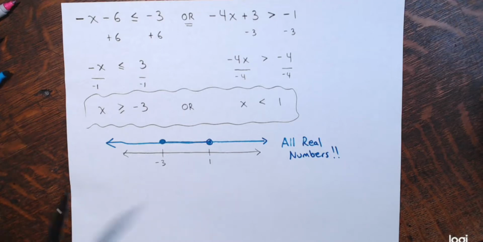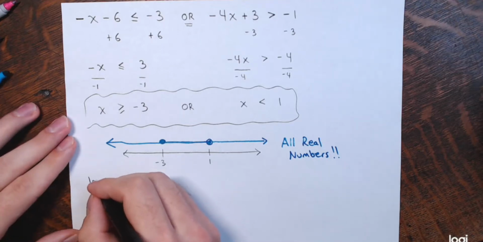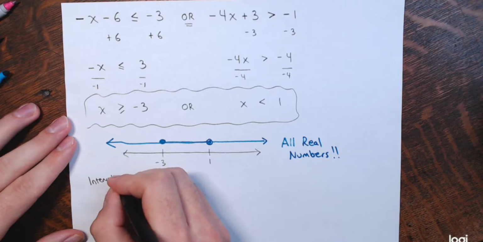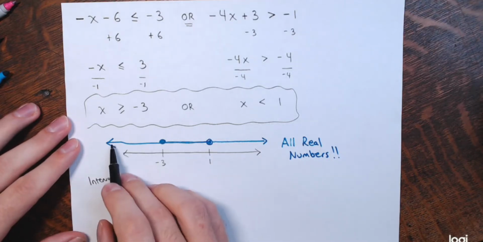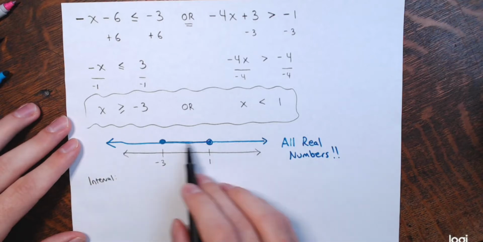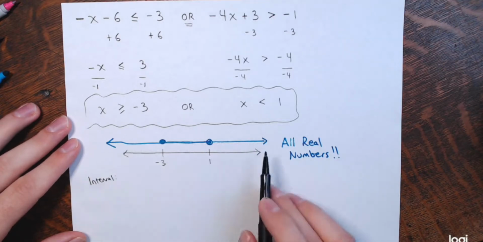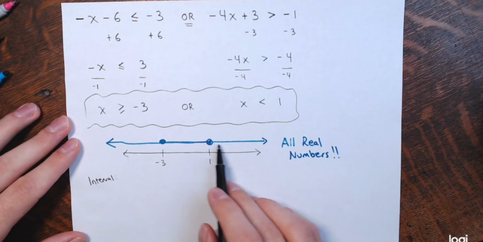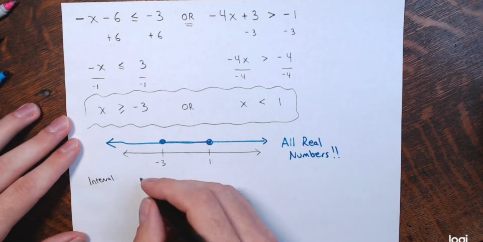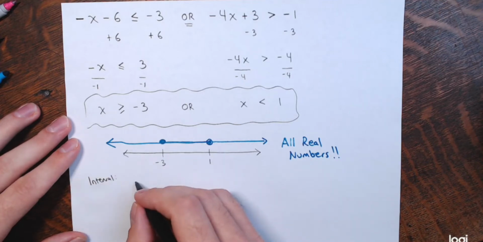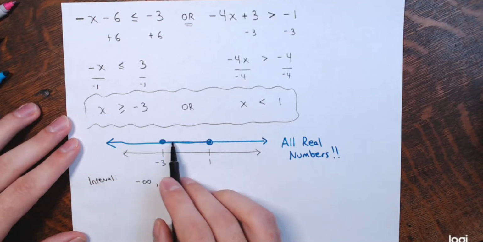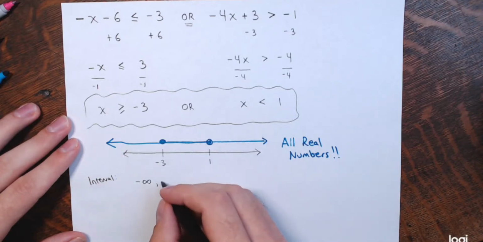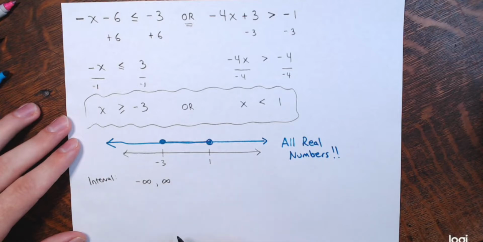Fantastic. Now the interval for all real numbers. Interval notation, again, you're going left to right. Now there's no gap. It's everything. There's no break, there's no hole in the graph. So it's one big piece. From left to right, there's no left end, so I indicate that with negative infinity, comma, and then going left to right, there's no right end, so I indicate that with positive infinity.